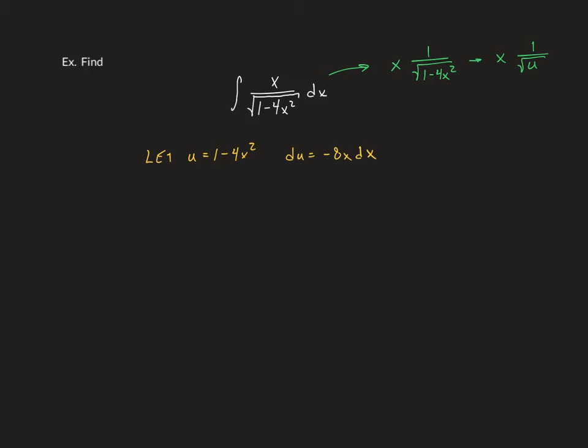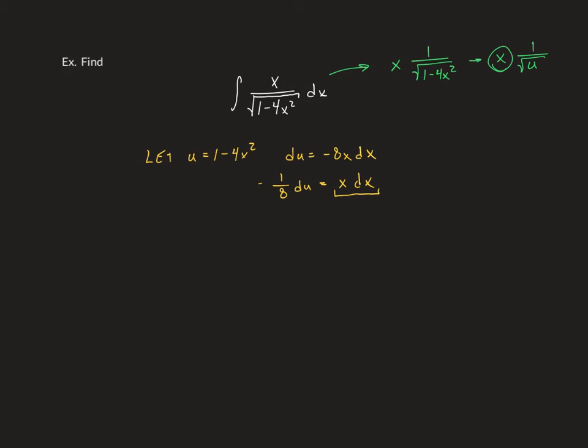So the extra thing that's left over here is this x, and I want to make sure that's accounted for, but I don't need this negative 8 here. So I'm just going to rewrite this then as negative 1/8 du and x dx. And now this is the component that I need to make the direct substitution.